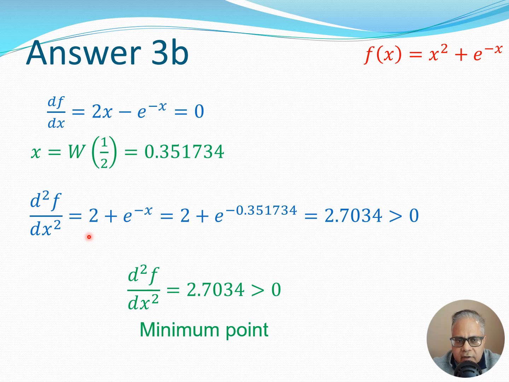So the second derivative is going to be 2 plus e to the power minus x. I then substitute this value of x in this function, and I get 2.7034, which of course is greater than 0. Therefore the second derivative is greater than 0. That is of course the criterion for a minimum point. So we have found the minimum point of this particular function x square plus e to the power minus x.